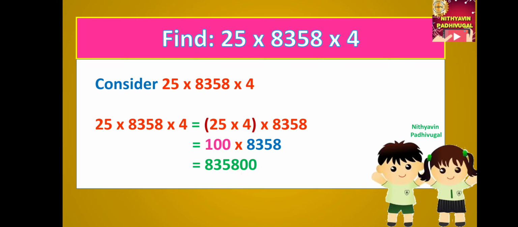Very easy. No need to do actual multiplications. That's why only we have considered 25 and 4 together. So by practicing problems like this, you will get your own ideas to solve the problems very easily and quickly.